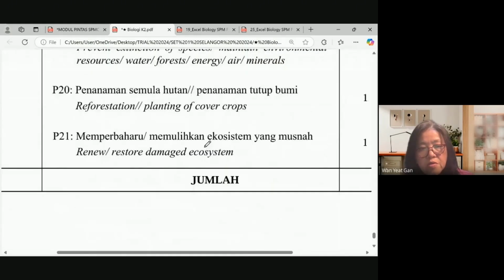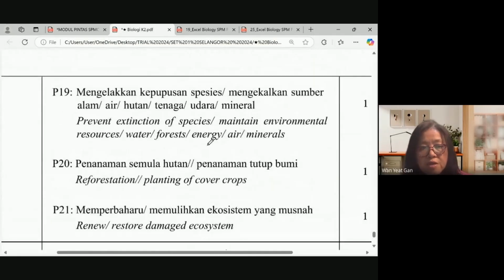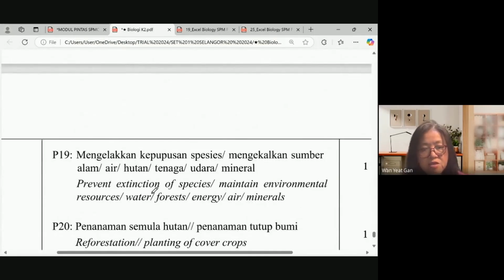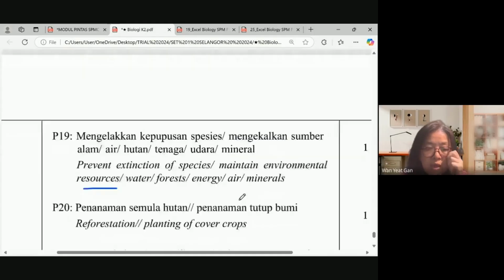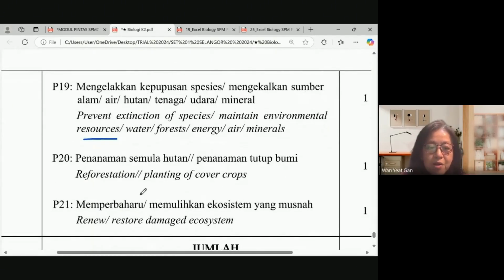Okay, so in this way, we actually prevent the extinction of the species. We also maintain the natural environment resources. The last one is restoration.